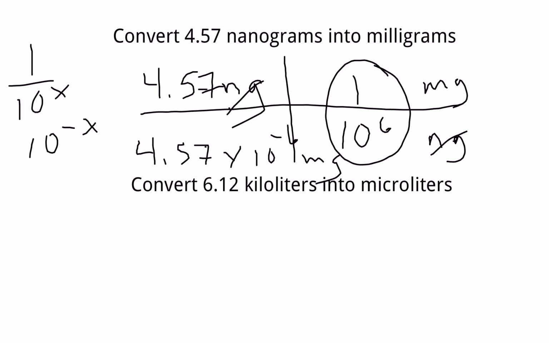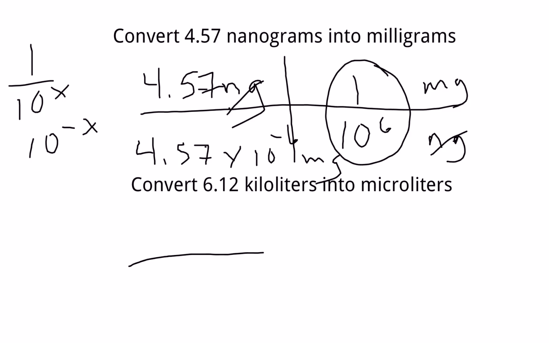So that would be my answer, times 10 to the negative 6 milligrams. And that makes sense. That's a very small number. It's saying 0.00000457 milligrams. Well, a nanogram is much smaller. So it's going to take a lot of nanograms just to make up 1 milligram. So if I only have 4.57 nanograms, that's not a whole lot. So it's going to be a very, very small amount of milligrams.